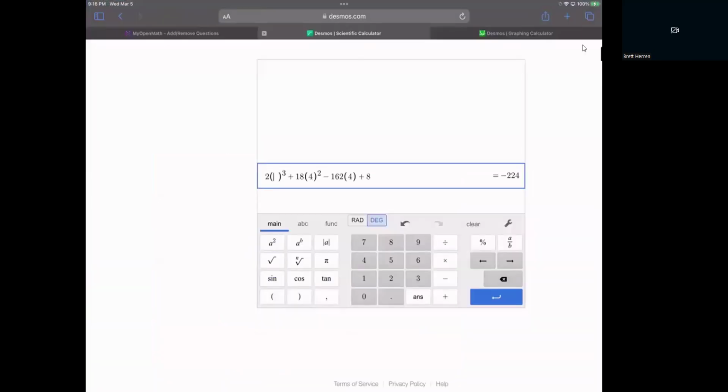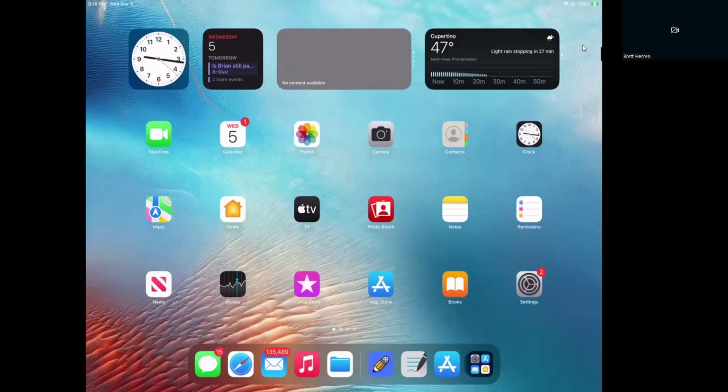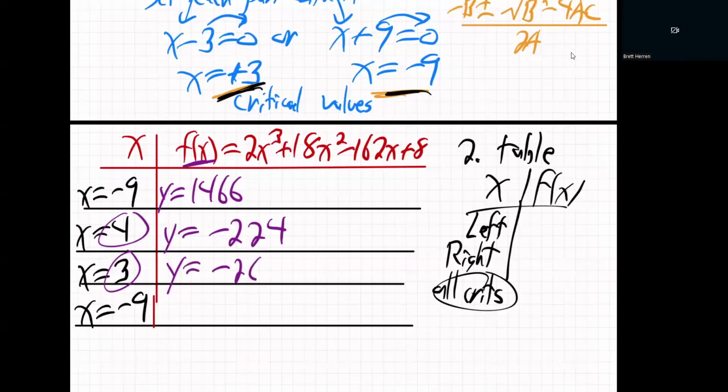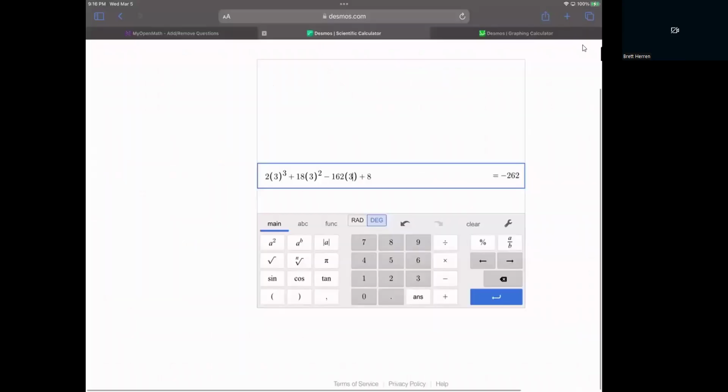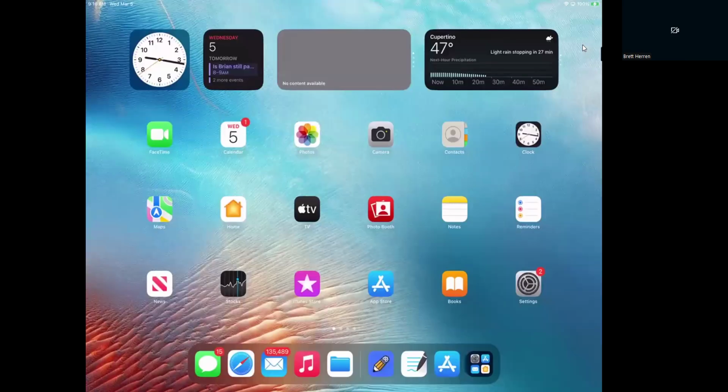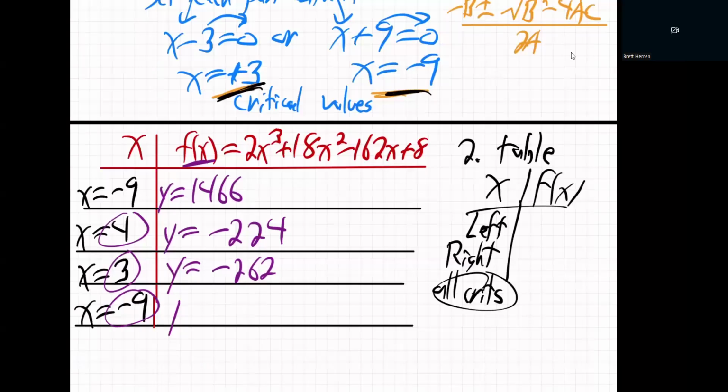I'm getting -262. One more. Put in -9. And I'm getting 1466. Oh, same value.